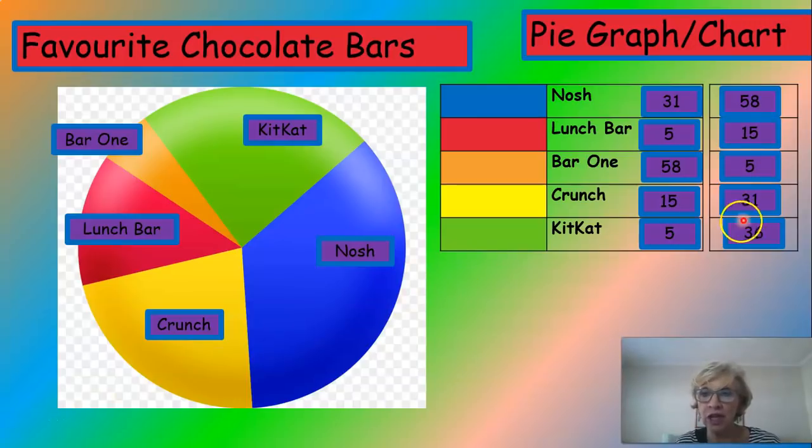So I should have actually put 31 with the Crunch, replacing one of those two. But anyway, we all make mistakes, and I have now corrected it. So there we go. That's a pie graph or a pie chart showing our favorite chocolate bars.